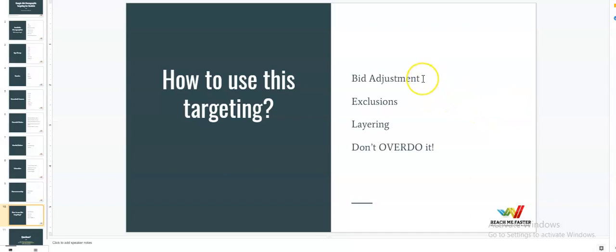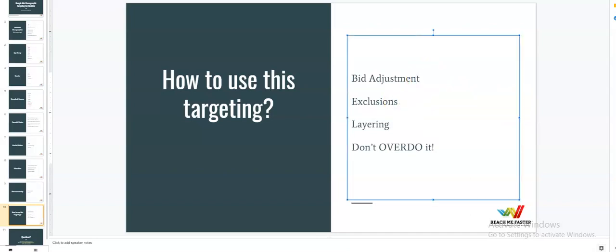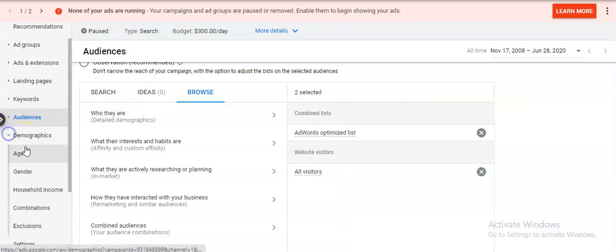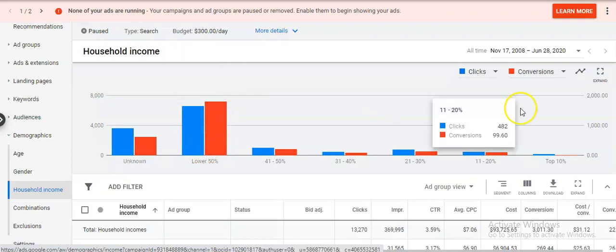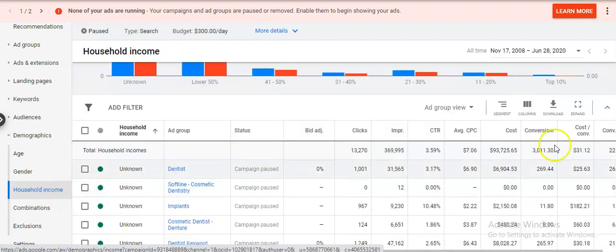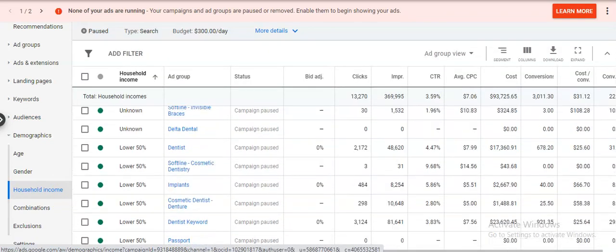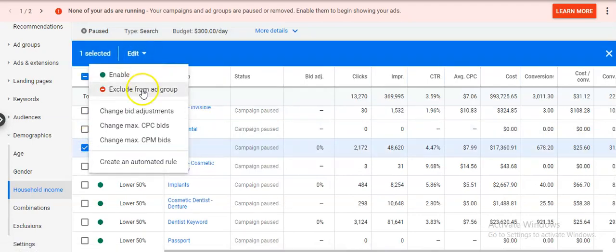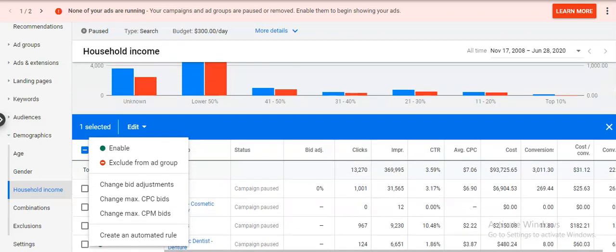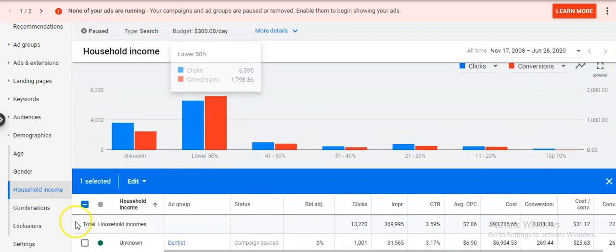I think I've already gone over this, that you can apply a bid adjustment. You can exclude any of these. So let's say for example you want to exclude a lower income group, like I was talking about, lower 50%. You could just come over here and click on any of these ad groups, and you exclude this from the ad group. So for this ad group, if the searcher belongs to this particular demographic, lower 50%, they will not see your ad.